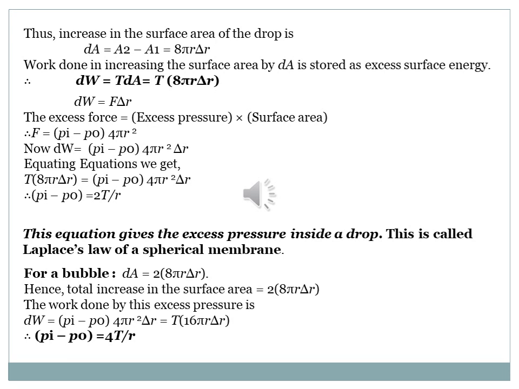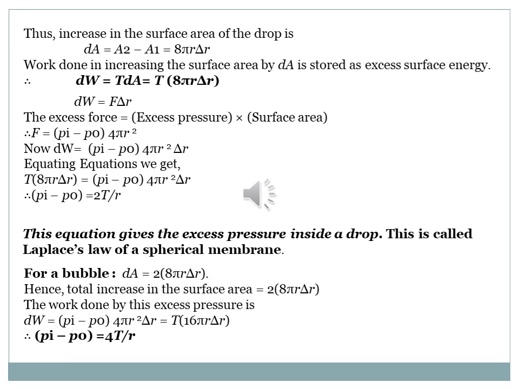Now by putting the value of F into the equation dW is equal to F delta r, we are getting dW is equal to Pi minus P0 times 4 pi r square into delta r.